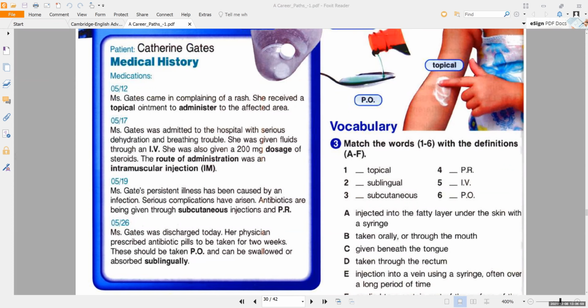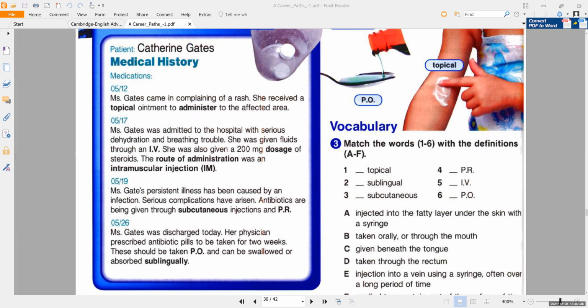Unit 13, Administering Medication. Exercise 5, page 29. Patient, Catherine Gates. Medical history. Medications. 0512. Ms. Gates came in complaining of a rash. She received a topical ointment to administer to the affected area. 0517. Ms. Gates was admitted to the hospital with serious dehydration and breathing trouble. She was given fluids through an IV. She was also given a 200 mg dosage of steroids.